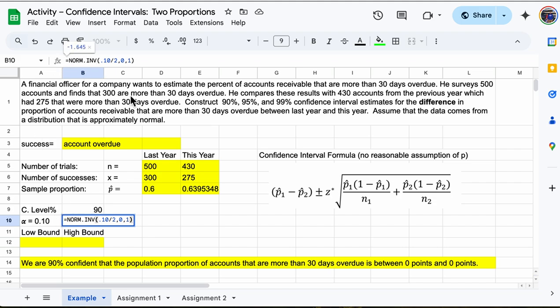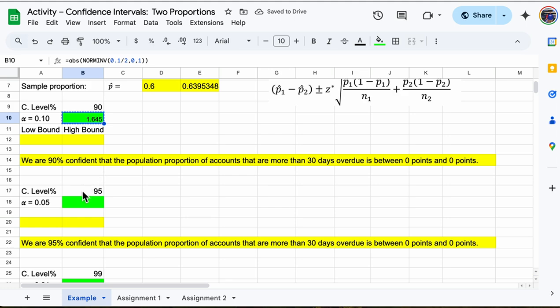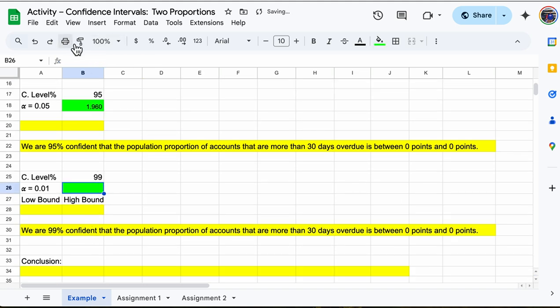And then we throw in the absolute value on this, so we knock off the negative sign. And while we're here, do it for this one, making it 0.05. And for this one, I have to actually copy the cell and make that a 0.01. All right, so that's nothing new.